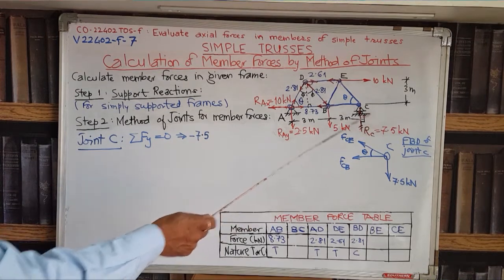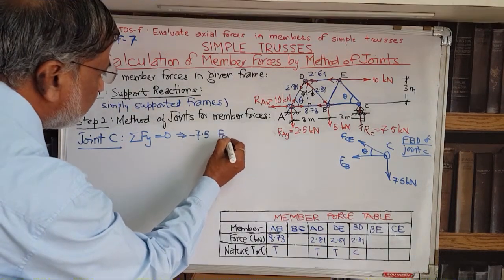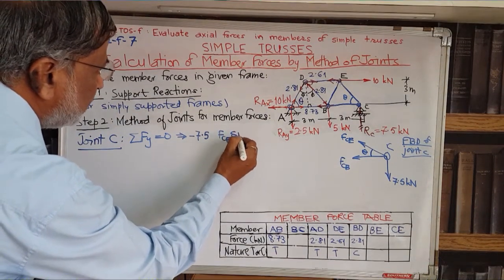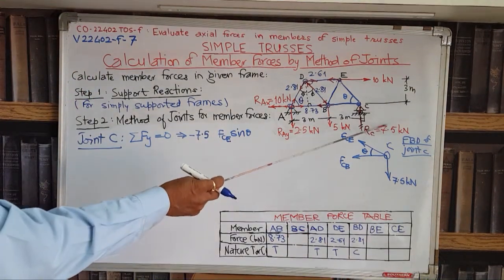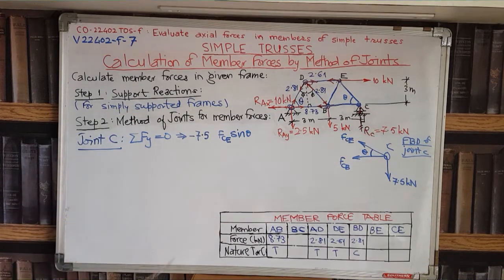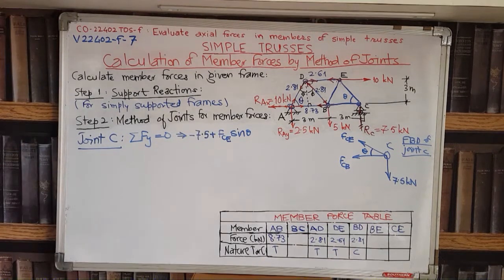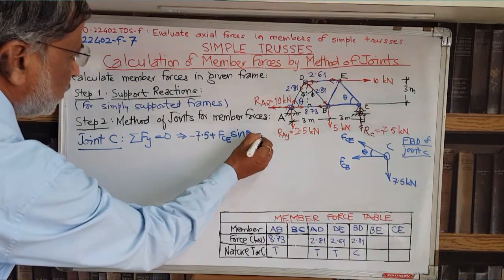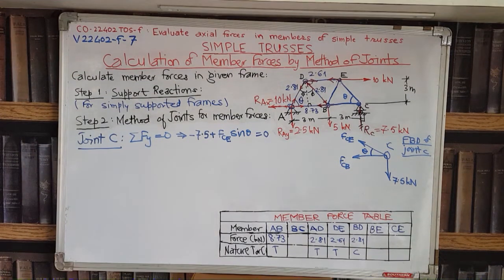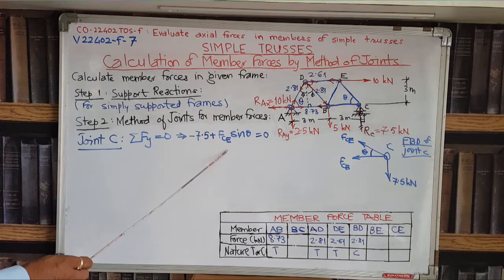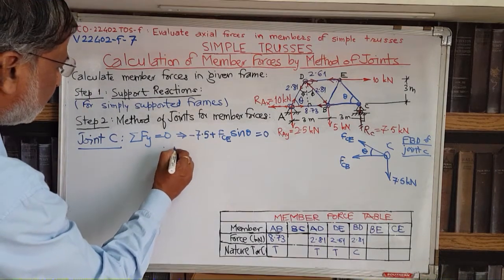So its y component will be considered in this equation and it will be taken as FCE sine theta. The direction of this y component will be upwards, so that will be treated as positive. This will be equated to 0 as sigma Fy is equal to 0. This equation has only one unknown, FCE, so we can get the answer directly.